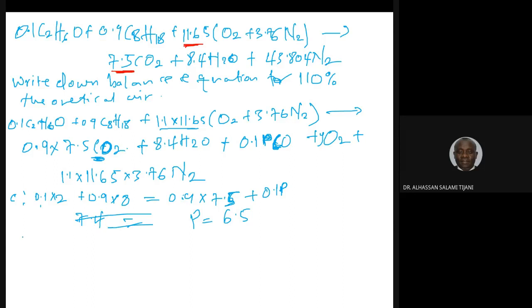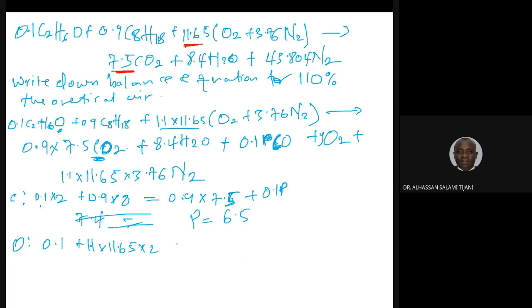Balancing oxygen gives me 0.1 again. So I have 1 atom of oxygen at the initial side. Then again, I have plus 1.1 times 11.65, times 2 moles of oxygen.